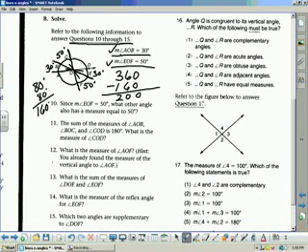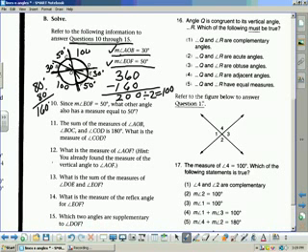So angles COD and AOF, because they're congruent, divide 200 by 2 and you get 100. So those are two 100-degree angles. Go back around and check and make sure you have a total of 360: 100, 30, 50, 100, 30, 50.